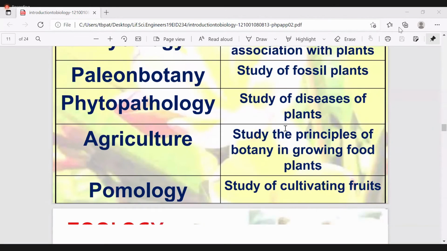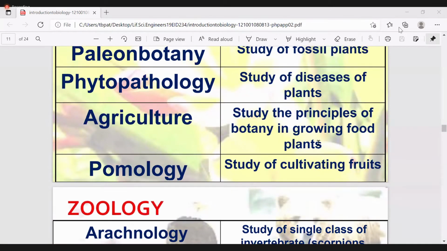Agriculture is the study of the principles of botany and the growing of food plants, food crops, exported varieties and food varieties of crops. And pomology is the study of cultivating fruits.